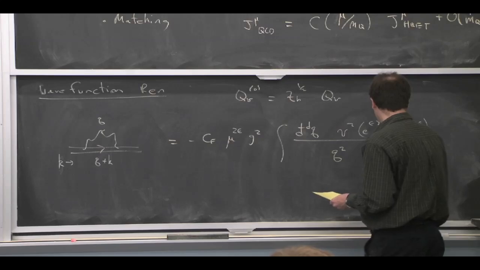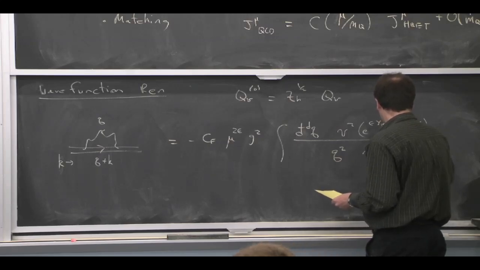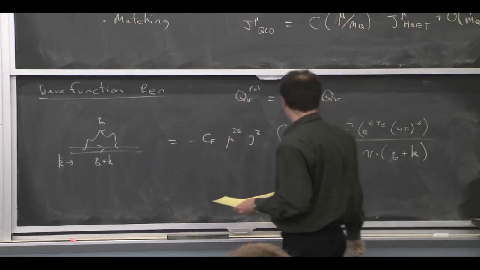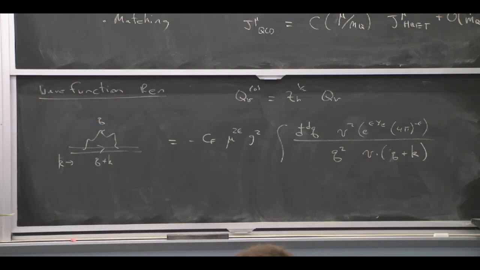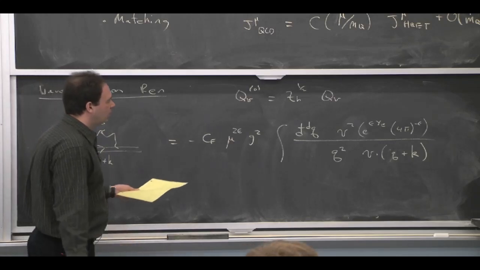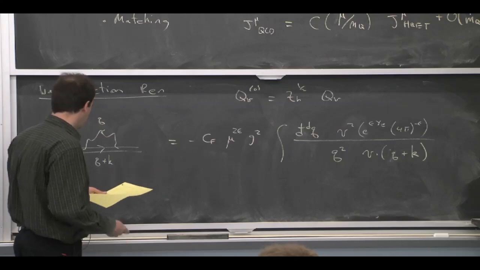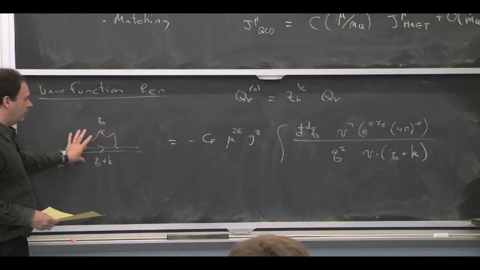And then there's the heavy quark propagator, which would look like that. So the loop integral that I have to do here wouldn't have two relativistic propagators. It has one heavy quark propagator and one relativistic propagator, and it will give something different. And we'll talk about it in more detail next time, about evaluating this loop integral.